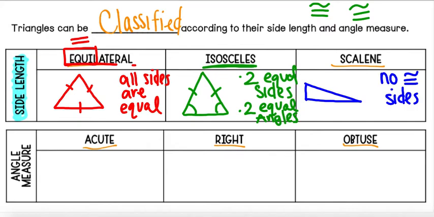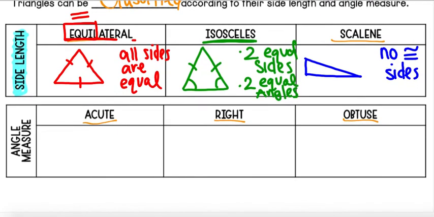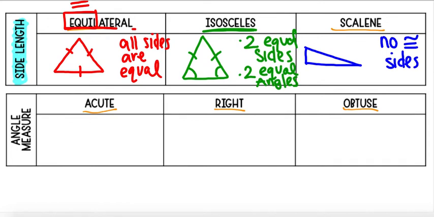Okay? Perfect. All right. Now we're going to classify triangles. Those were all by the side lengths. Now we're going to talk about their angle measures. Okay? We can classify triangles based on angle measures. One is called an acute triangle. You've heard of acute and right and obtuse when we talk about angles.